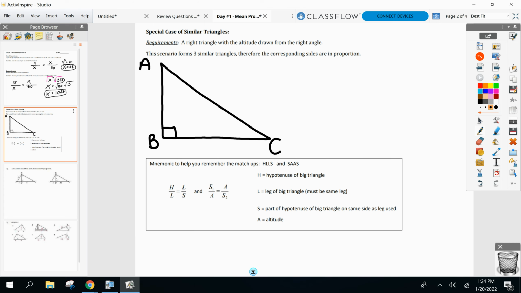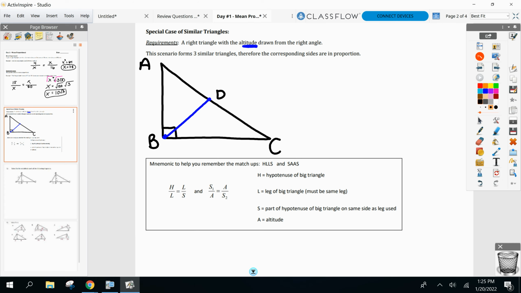You start out with a right triangle, and then I'm going to use an old vocabulary term here. I want an altitude drawn from the right angle to the hypotenuse. So we'll draw this blue line in here going to AC. Let's call that point on the hypotenuse D.